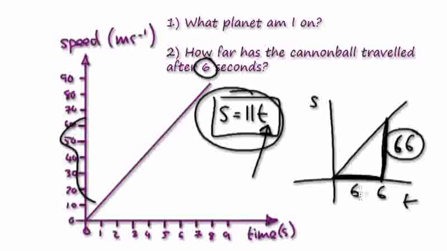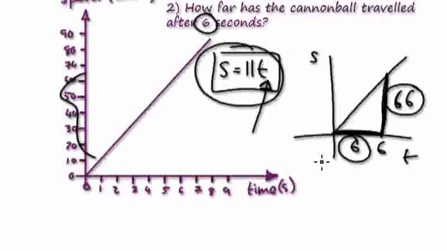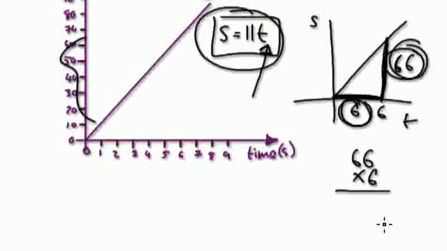So it's a matter of getting the height times the width, and then dividing by 2. So 66 times 6 divided by 2.